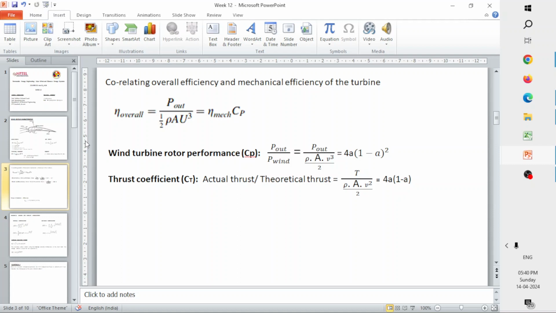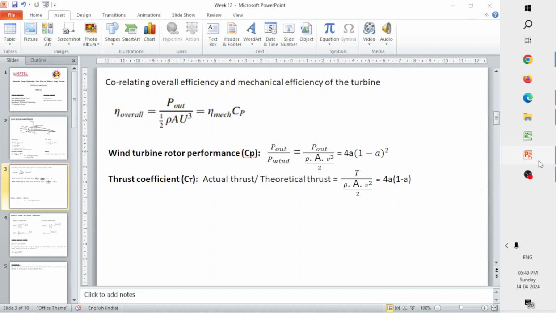Last class, if you see, we talked about Betz limit, and what it actually is. If you remember in the introduction session also, I said that it is the theoretical maximum amount of power that can be generated from the wind energy, and the value was proposed as 59% or 0.59.